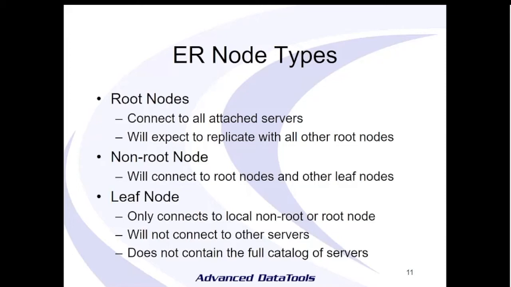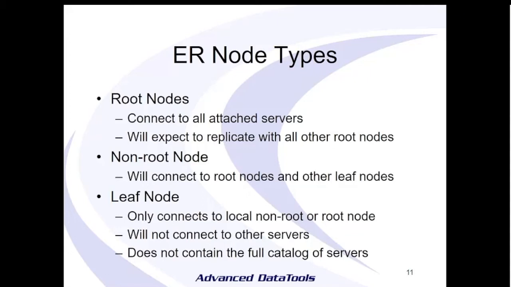So with the ER nodes, there are 3 types, and this is something to consider when you're setting up your network. If you're doing a simple one-to-one replication, you have your primary server and your target server, or you have 2 servers, update anywhere, you don't really need to think about this. In our example, we're doing 3 servers. They're all going to be root nodes. Root node is the standard. They'll connect to every other server.